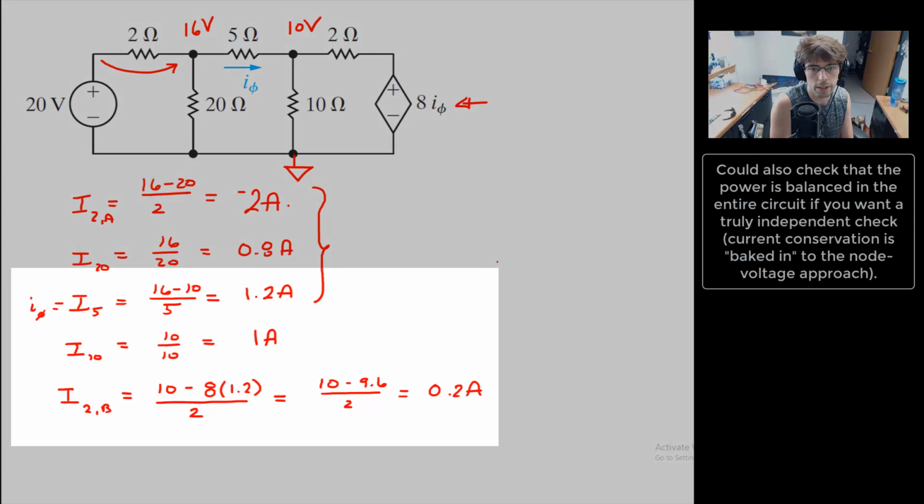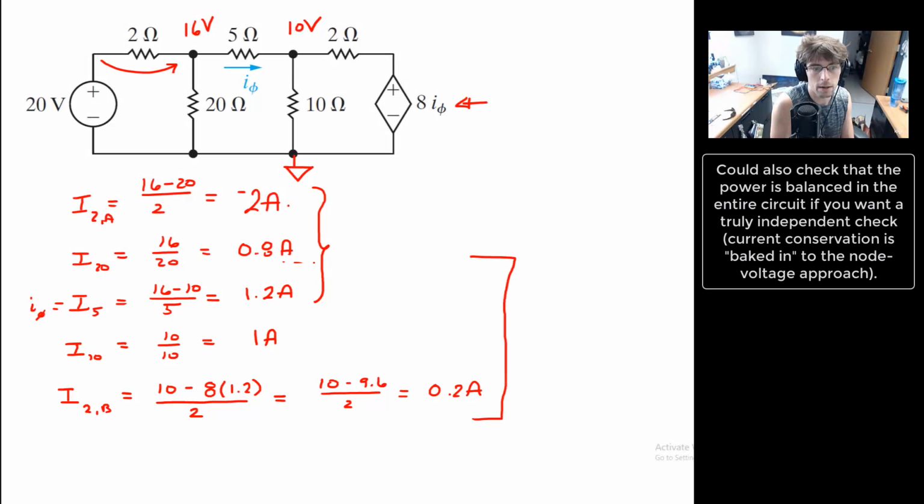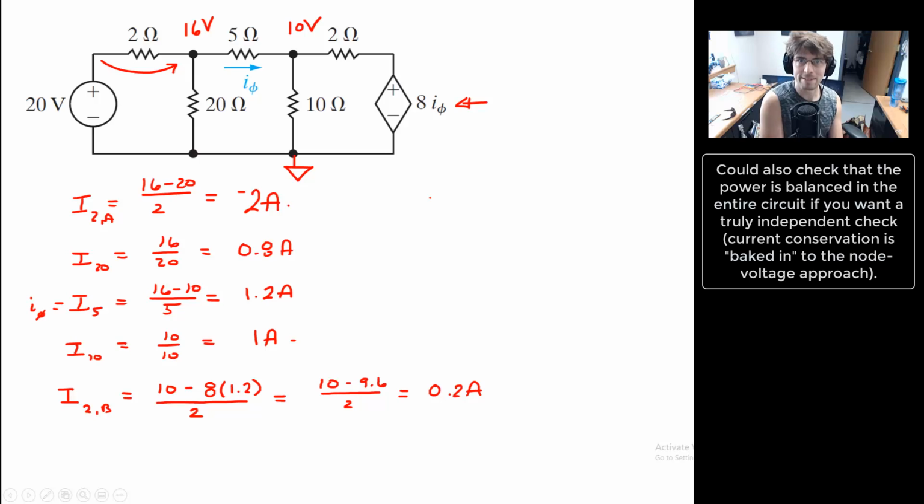Now these 3 right here deal with node B. And we see that 1.2 amps flows into node B. Okay. And we see that 1 amp flows through the 10 ohm resistor, and 0.2 amps flows out through the 2 ohm resistor. So again, current is conserved. So boom, we've got our answer. Pretty cool, huh?